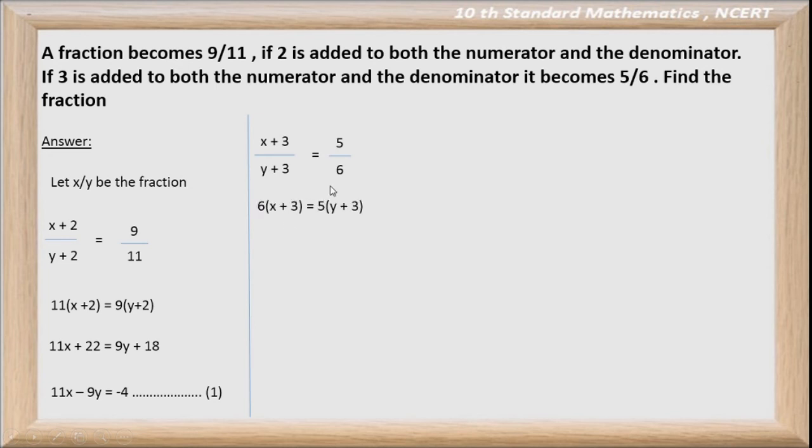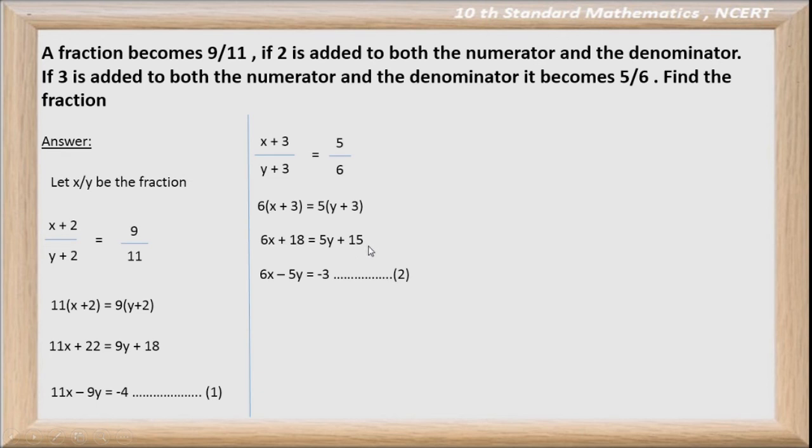Multiply and write. So 6 into x plus 3 equal 5 into y plus 3. So 6x plus 18 equal 5y plus 5 into 3 is 15. Collect the variable terms on one side and constant terms on the other side. So 6x minus 5y equal 15 minus 18, see here it is addition, it will go here as subtraction.